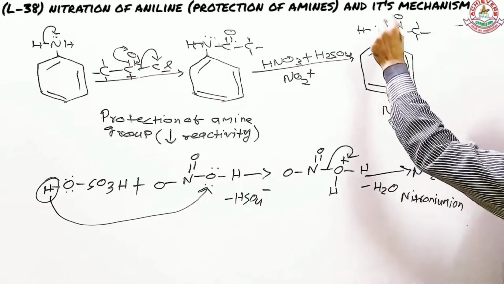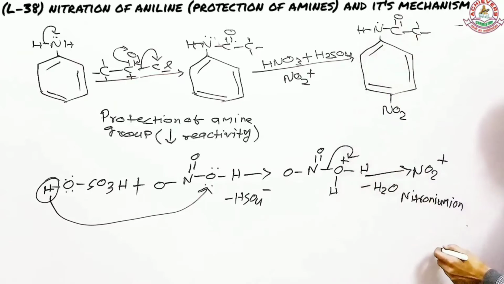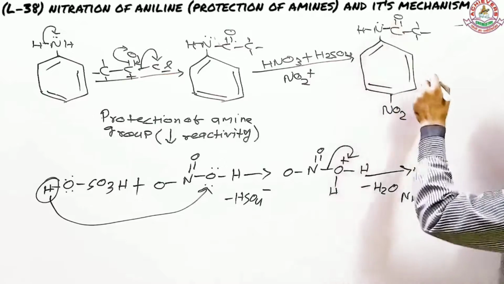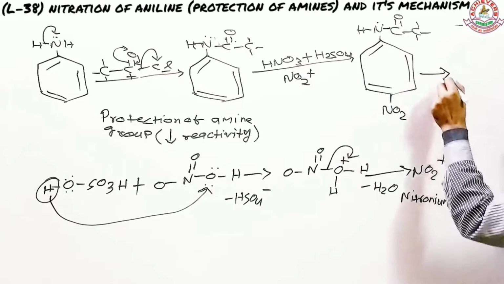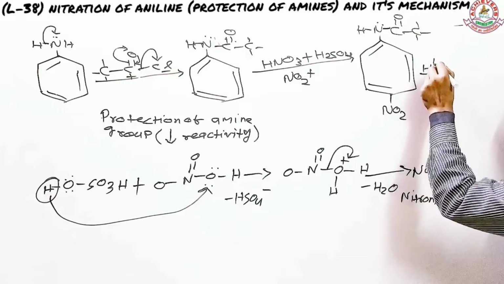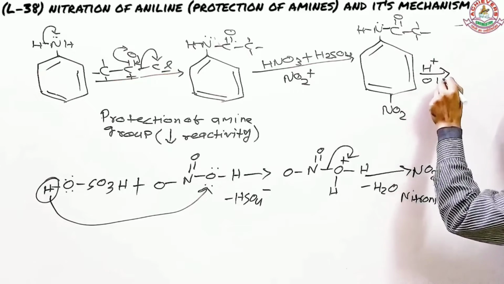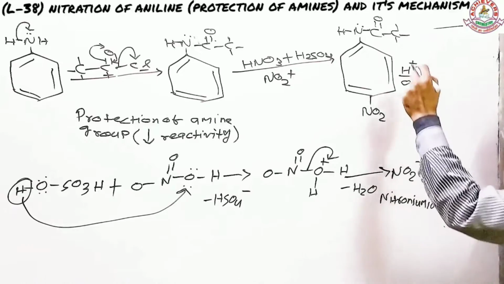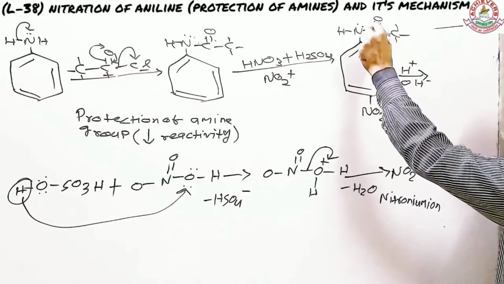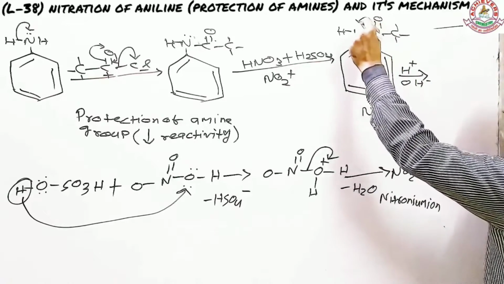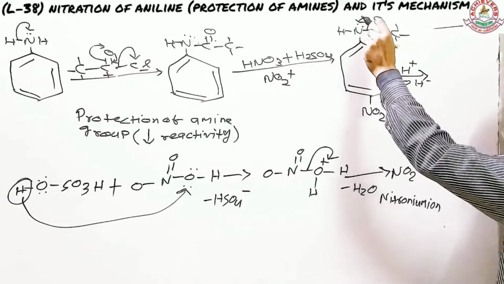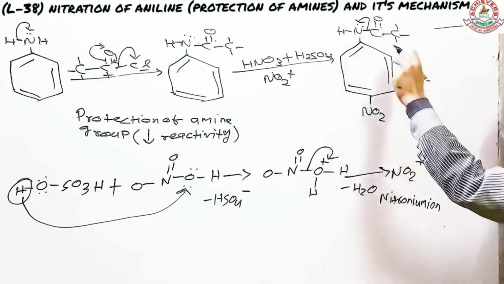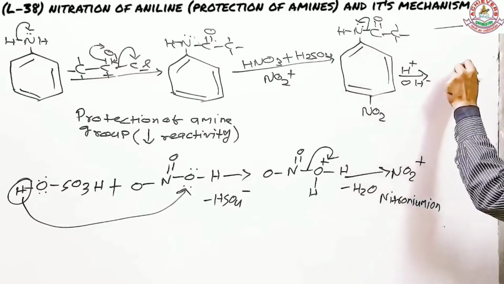Finally, this bond will undergo cleavage, and that takes place in acidic or basic medium, under both conditions. Again this bond will undergo cleavage, and the electrons go towards nitrogen, and this nitrogen will then react with the proton, and this will convert into your desired product.